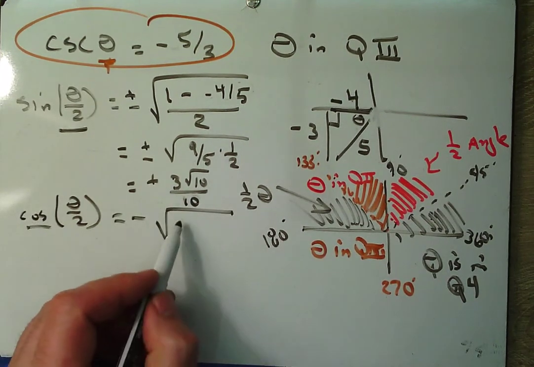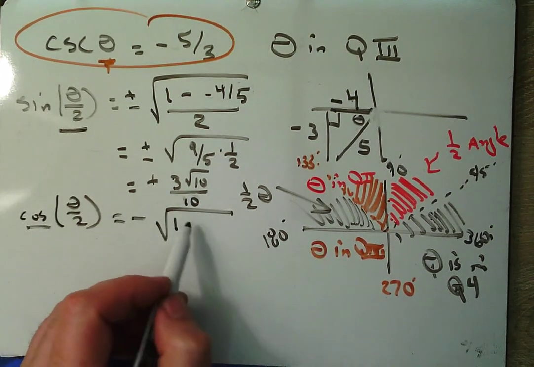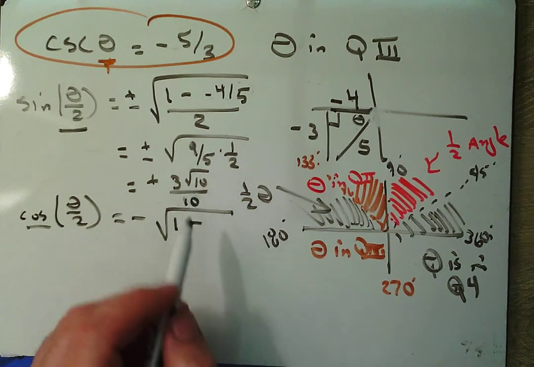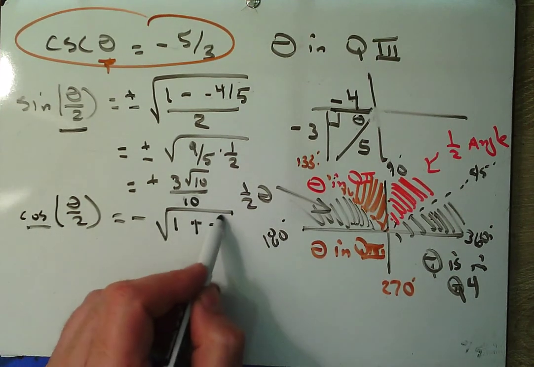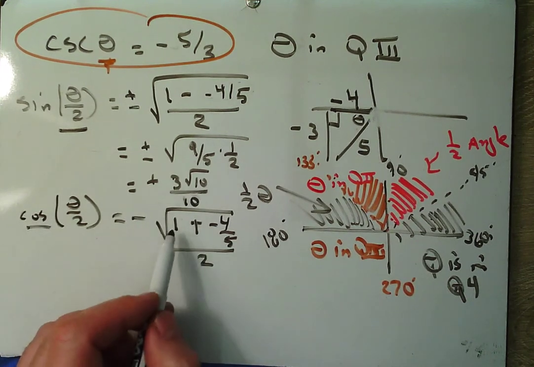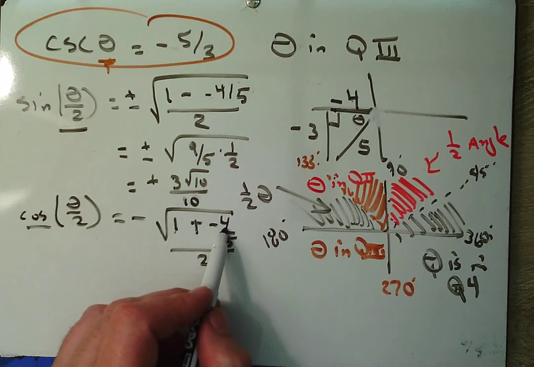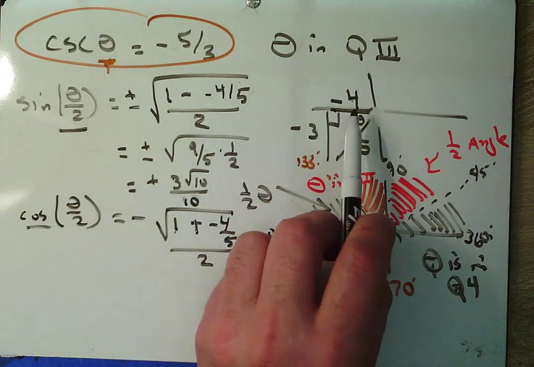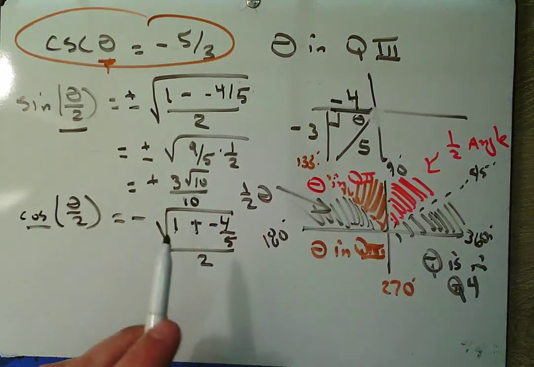So I have negative square root of 1 plus negative 4/5 over 2. Remember, the formula is 1 plus cosine theta. We know the cosine of theta from our triangle would be negative 4 over 5.